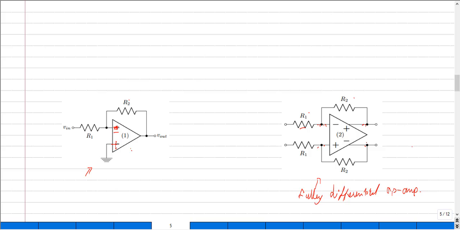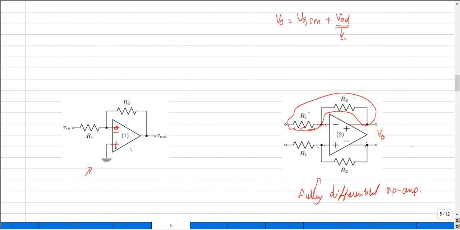Now let me ask the question. Let me define the voltage VO, which could be written as the summation of two components, VOCM plus VOD. Clearly, I know what this value is because this is nothing but the differential output voltage, and this negative feedback around this op-amp will define the value that I need across this VOD.